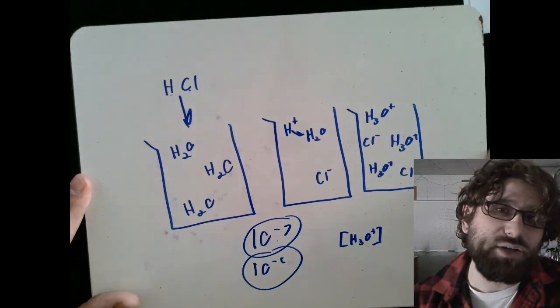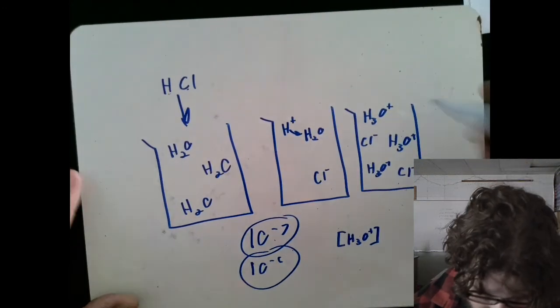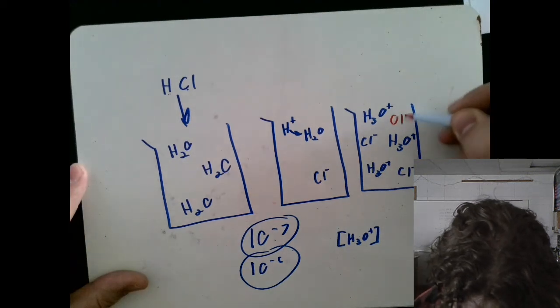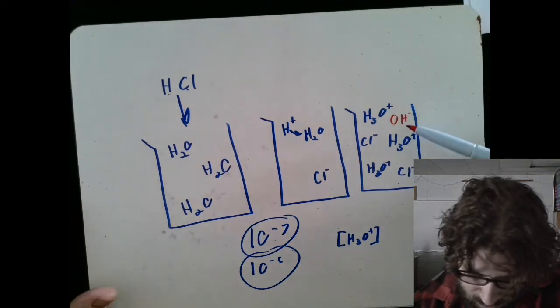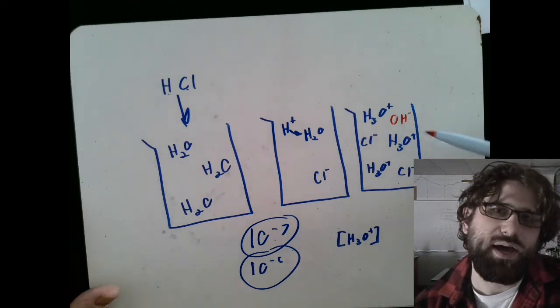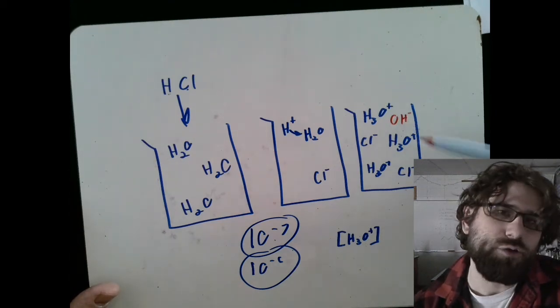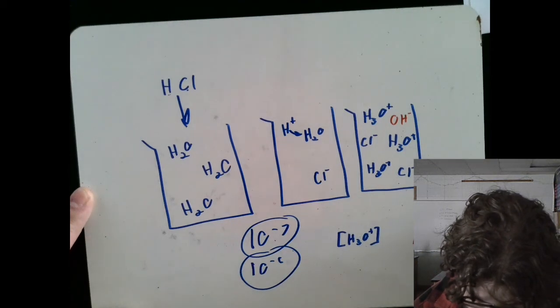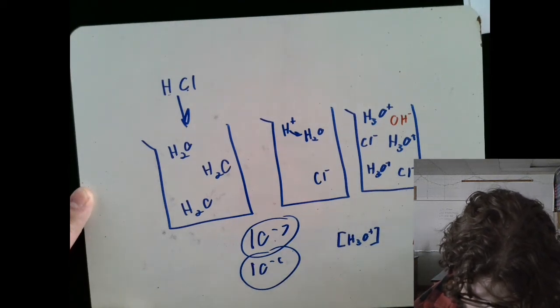But what happens to the hydroxide ions? Well, remember, we've got those floating around in here too. So let me just draw one of those. Suddenly, these hydroxide anions are being vastly outnumbered. And so the concentration of hydroxide is going to go down.